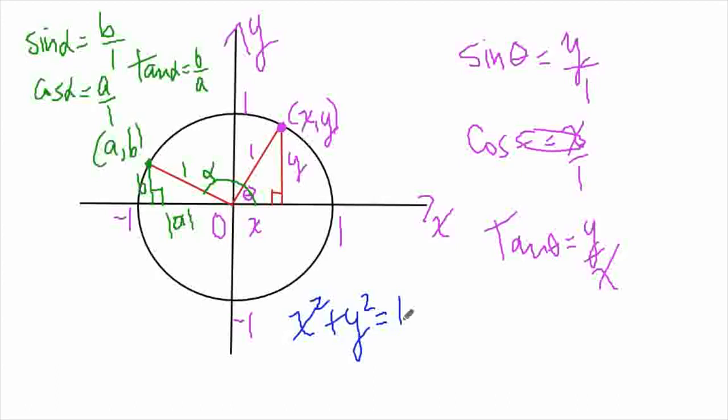Using the definitions I just gave you, can you see that this also implies that cosine squared theta plus sine squared theta is equal to 1?